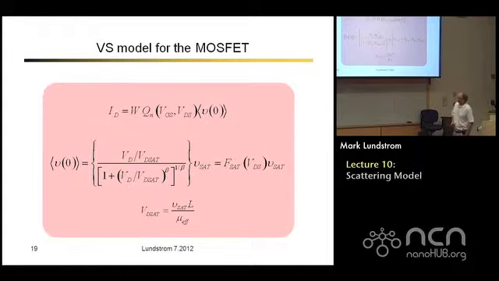Okay, so we showed this virtual source model that is semi-empirical, but that is now being used more and more for exploratory transistors and nanoscale transistors. But its development was based on traditional concepts, and then we just went in and adjusted some of the parameters so that it fit data, and it fit remarkably well.